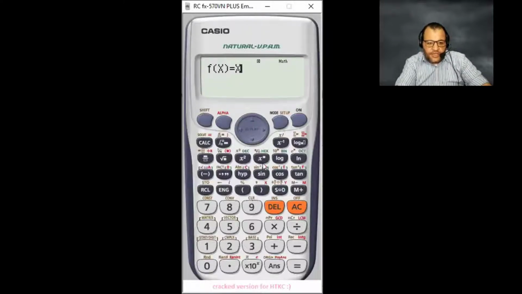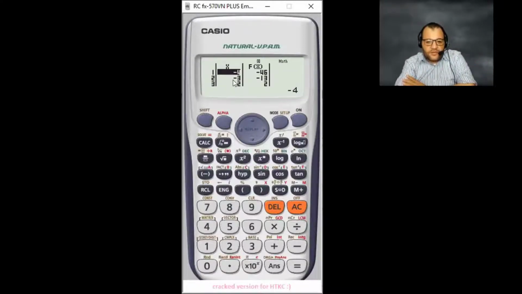Write the function x to the power 3 minus 4x plus 2 equals. We have to start from -4 and end at 4. Then press step 1 because you are going one step each time.